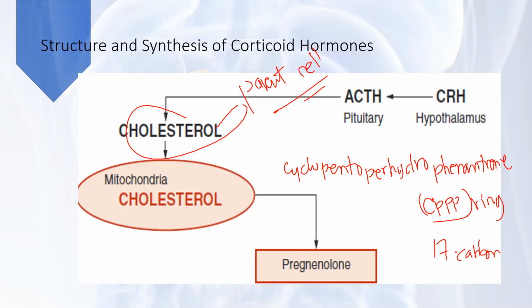Now remember also that the secretion of the adrenal gland of glucocorticoids and androgens is regulated by our secretory hormone, which is your ACTH.